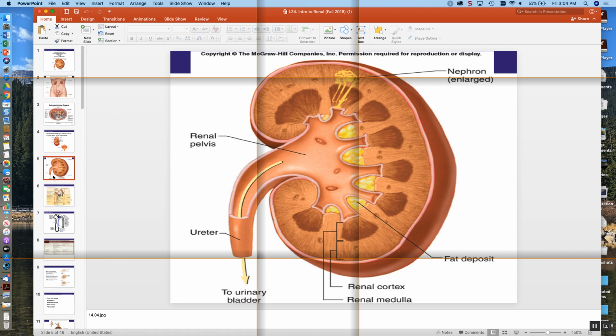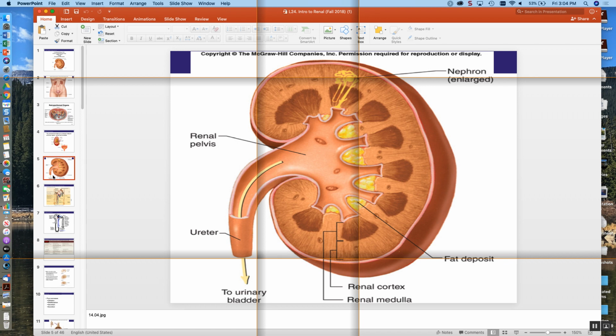But here by the renal papilla, it can be as concentrated as 1,200 milliosmoles. Okay, so renal papilla, minor calyx, major calyx, renal pelvis is here, and then the ureter. Pretty good with the anatomy? Not too bad?